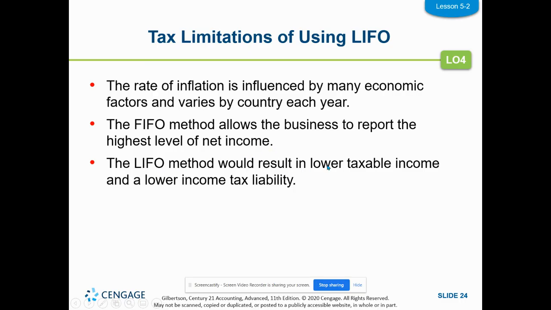The LIFO method would result in lower taxable income. So my income would go down, right? And a lower tax liability. So what do you want? Do you want to record the highest amount of income? But if you make more money, then you pay more what? You pay more taxes. So you have to make a choice. Do I show that, yes, I'm making more money, but I'm also paying higher taxes? Or do I show I'm making a little bit less money, but I'm also paying less in taxes?